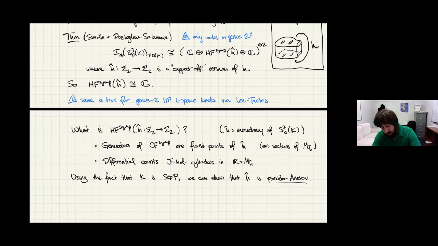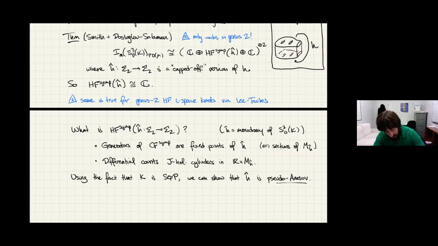But one thing that we know about pseudo-Anosov maps is that the fixed points of them are all in different Nielsen classes, as they're called. That means that these sections that correspond to fixed points are never homotopic to each other.